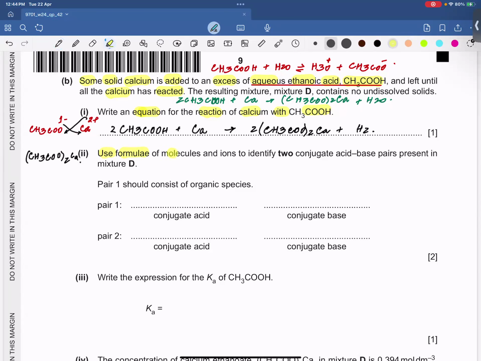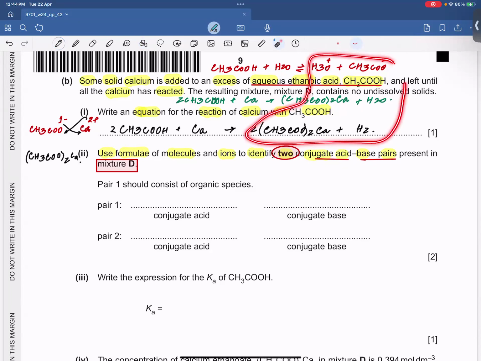Next, use formulae of molecules and ions to identify 2 conjugate acid base pairs. The examiner is looking for 2 conjugate acid base pairs present in the mixture D. So this is all the mixture. So this mixture makes conjugate acid. Here, the conjugate acid is H3O plus.